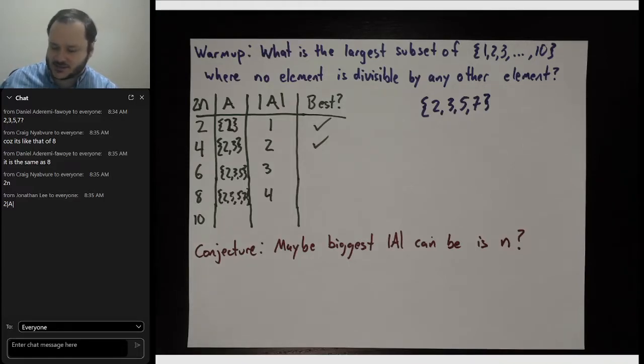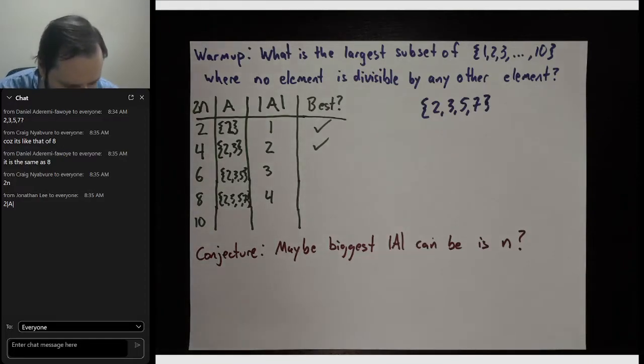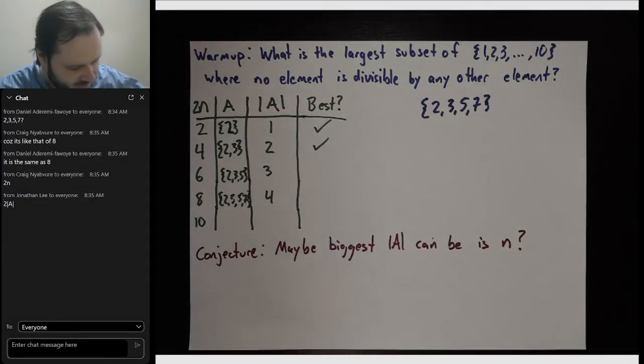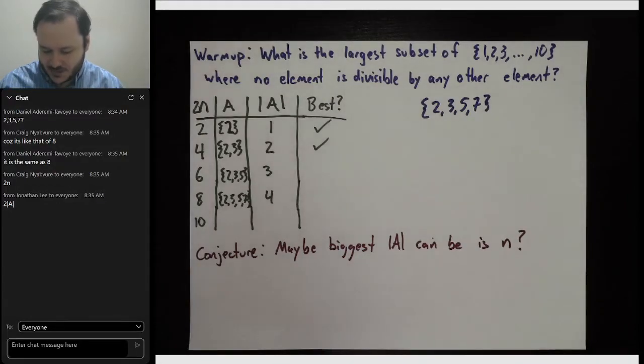Anybody see a subset of size 5 where nothing divides anything else? Let's think through this logically, rather than just trying some stuff. Let's think about what might or might not be in there.